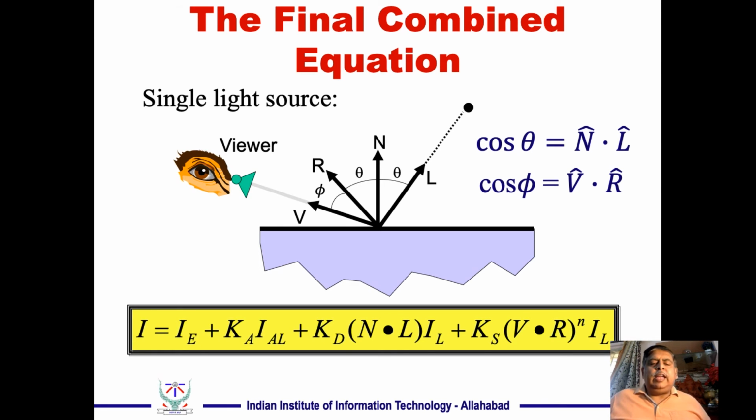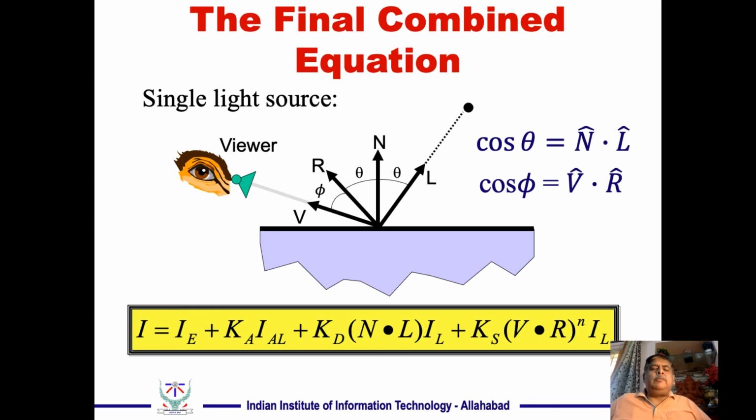I have got Kd multiplied by n dot L times IL, my third term. This is the Lambert's scattering, homogeneous scattering in all directions. Here the direction of light is important, but the direction of the position of the camera is not important.